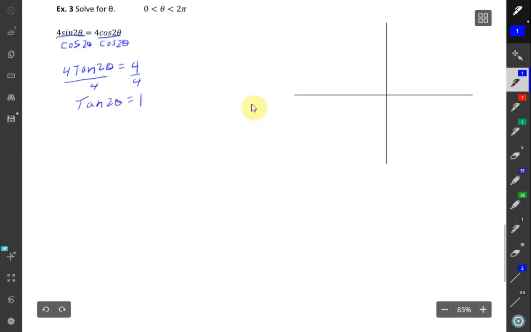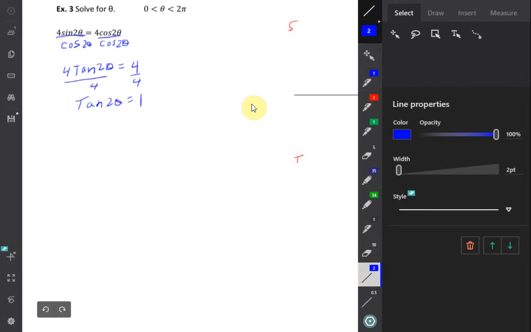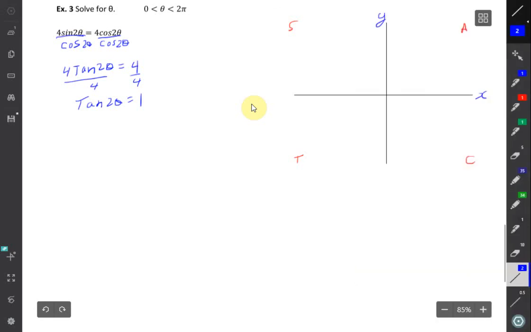And once again, that's sounding familiar. Let's come over here. Our arms are going to be where tan is positive. And so tan is positive in the A quadrant and the T quadrant, or in quadrant 1 and quadrant 3. And again, I recognize that this looked familiar.